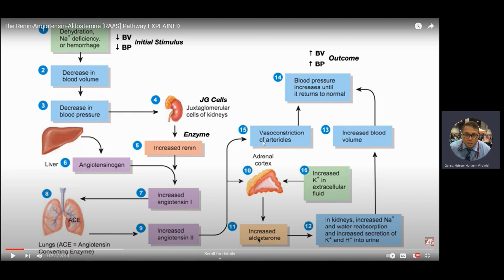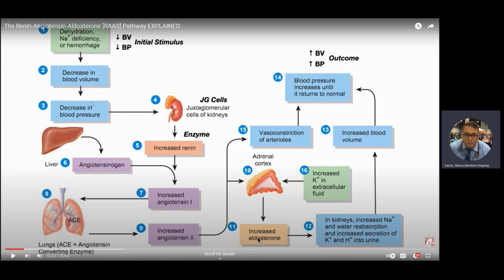But if my patient is hypertensive, what do I do with the RAA system? I start blocking pieces of it, like ACE inhibitors, alpha and beta blockers here, and diuretics here, to do what? To decrease my blood pressure. And that's exactly what we do in medical management of hypertension.